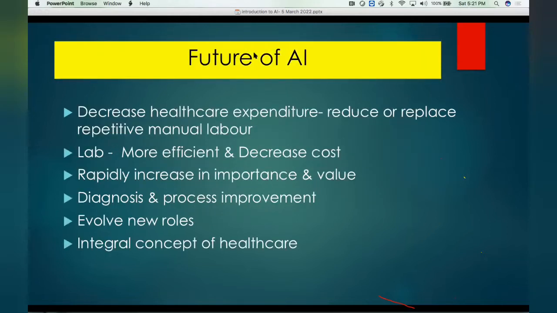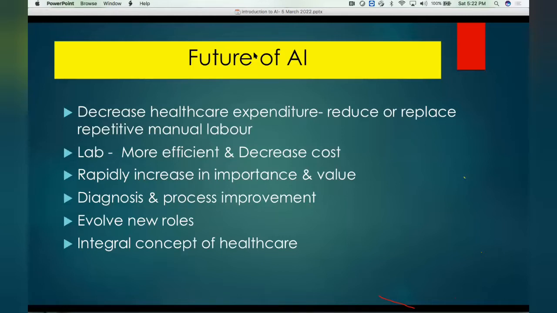The future of artificial intelligence is, you will find a decrease in healthcare expenditure. It will reduce or replace manual labor. In the laboratory, we will find more efficiency and a decrease in cost. There is a rapid increase in its importance. It will help us in process improvement, and it will also help us in diagnosis.